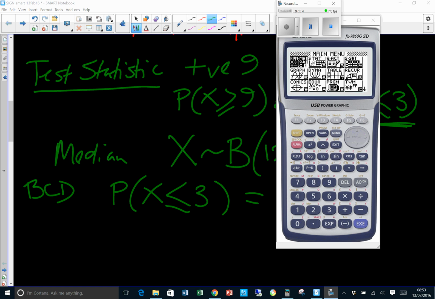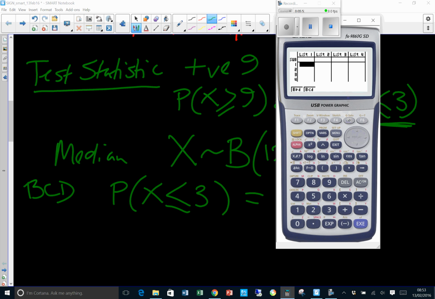Right, I've got a calculator up on the screen here. So our method of doing it is menu 2, distribution, binomial, BCD. Here we want to have our list as a variable. So let's work our way down. The X value we're putting in is 3 because that's what we're testing against.